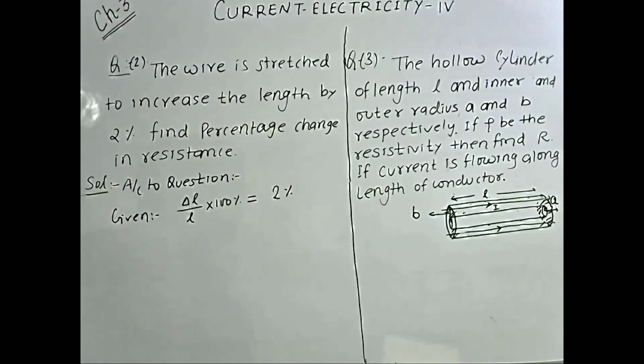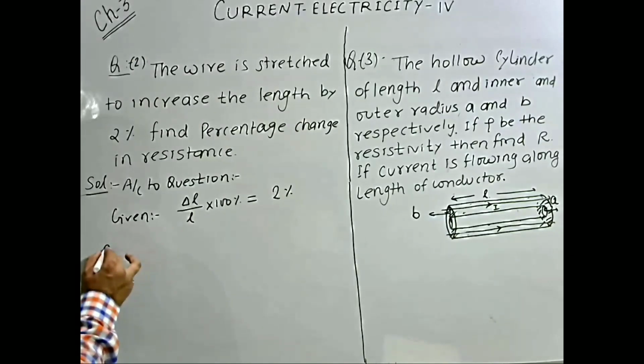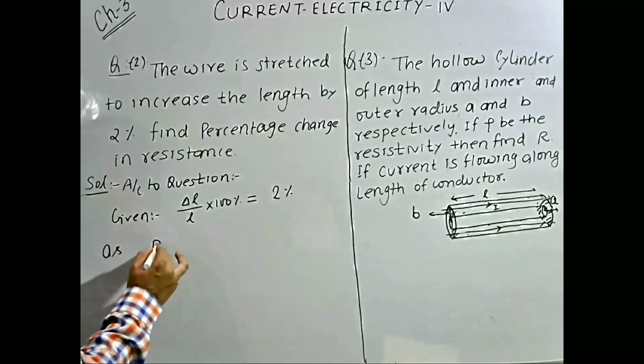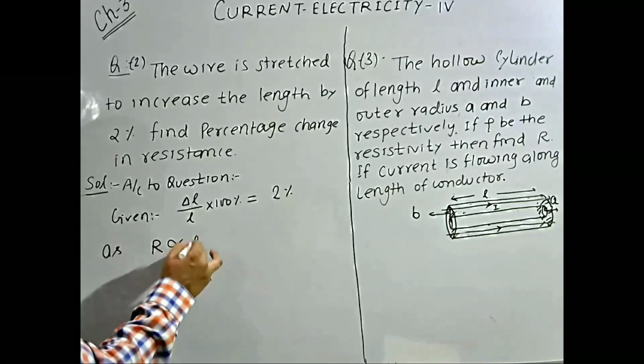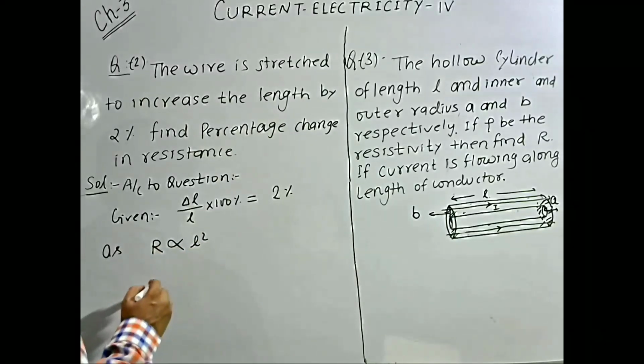Clear? So to obtain this, as we know, R is proportional to L square. I discussed it earlier. So R is proportional to L square.